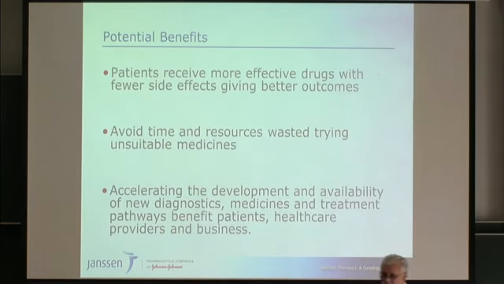Okay, so what are the potential benefits of this shift in the paradigm of drug development? The patient will receive a more effective drug with fewer side effects, giving better outcomes. We will avoid the time and resources wasted trying unsuitable medicine, and of course accelerate the whole development and availability of new diagnostic medicines and treatment. It will benefit patients, healthcare providers, and of course business.